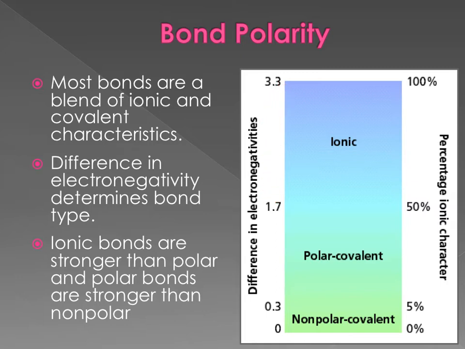If you have two electronegativity values and you subtract them from each other and they fall within this range, then the bond between those atoms would be ionic. If it fell within this range, it would be polar covalent, and then 0 to 0.3-ish it would just be a nonpolar covalent bond. So again, we're subtracting the electronegativity values and looking at where they fall within this range.